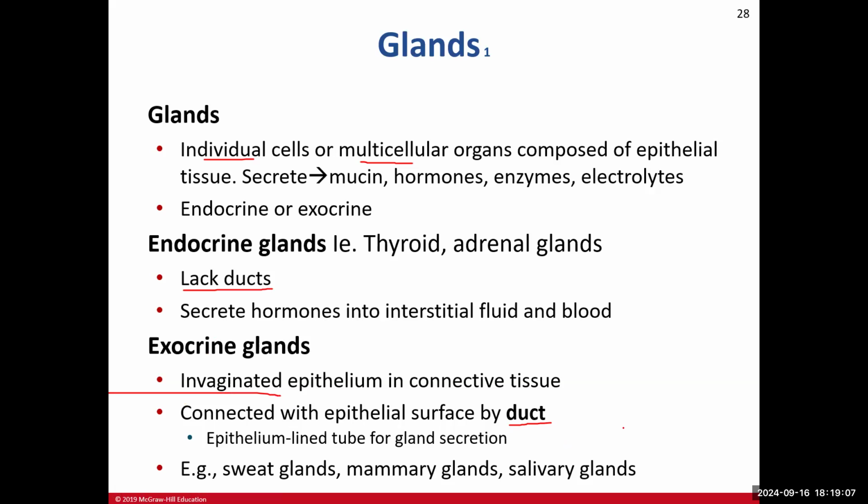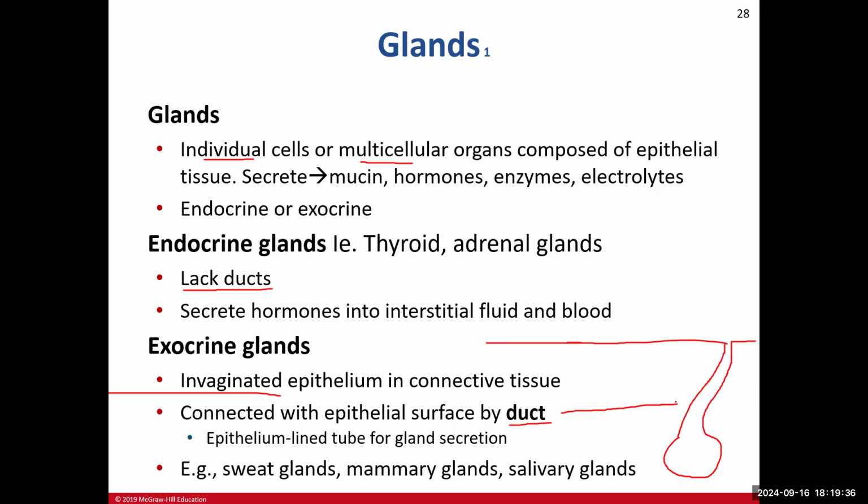But anyways, so you have the surface of your skin up here, and then you have your gland way down here. So we've got to figure out a way to get those secretions up to the surface of your skin, for example, if we're talking about sweat glands in your skin, those exocrine glands. So we have this structure here called a duct. And that's what we're going to talk about along with some other things. So that's the duct.